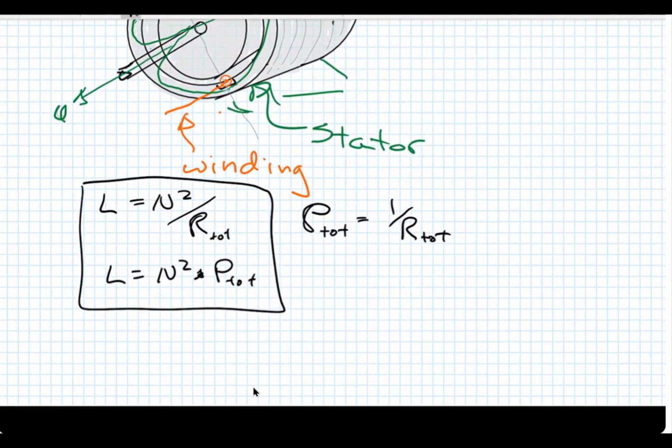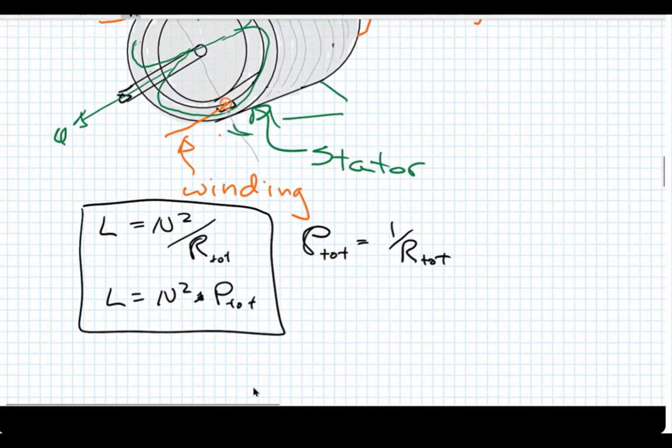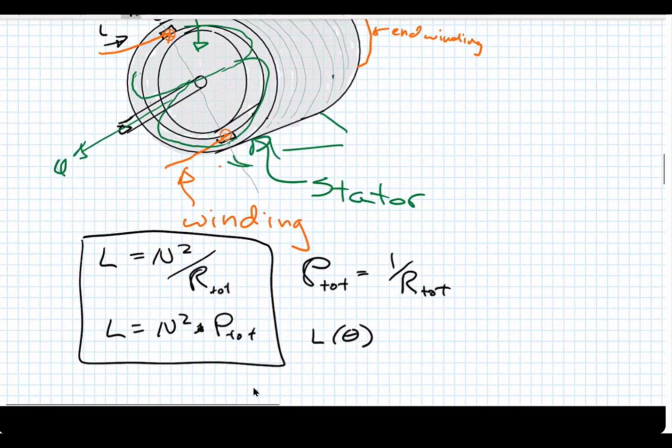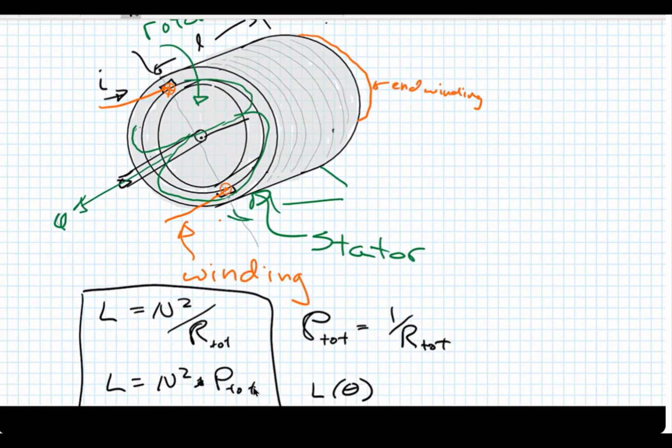It's easier to think about rotating machines in terms of permeance instead of reluctance, because what we're really after is an inductance that's going to vary with rotational position. So starting at the center of this thing right here, I can create an axis, kind of an x-axis, and there's an angular movement, theta, of this thing.